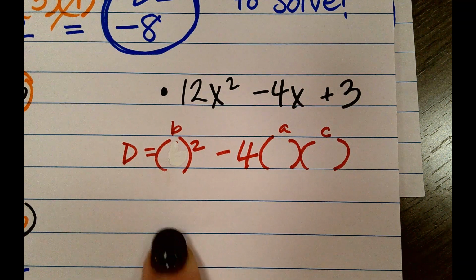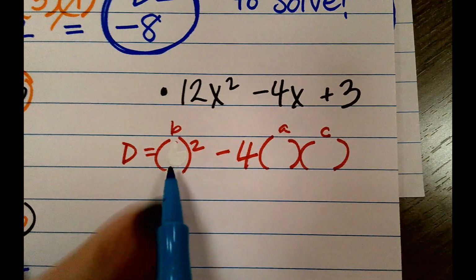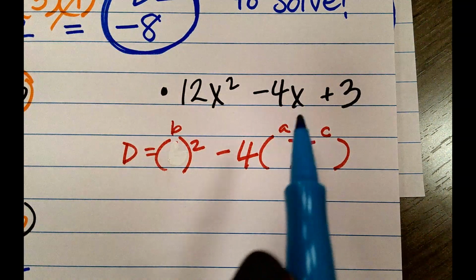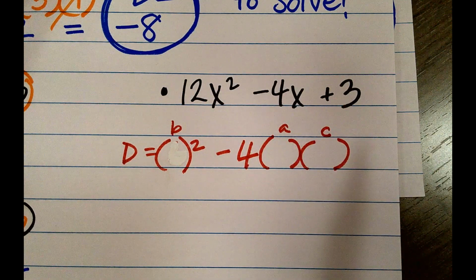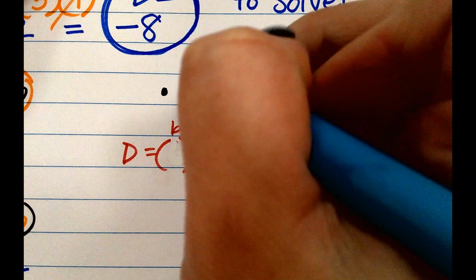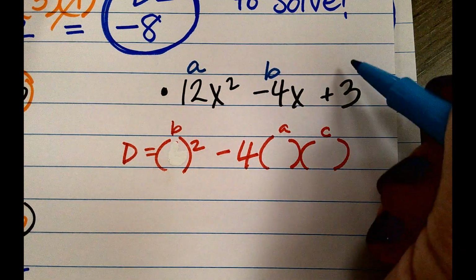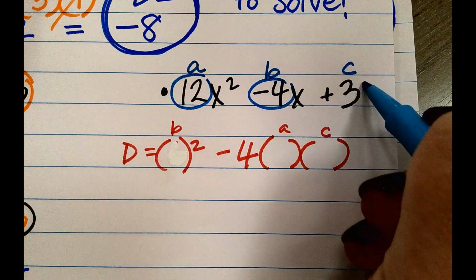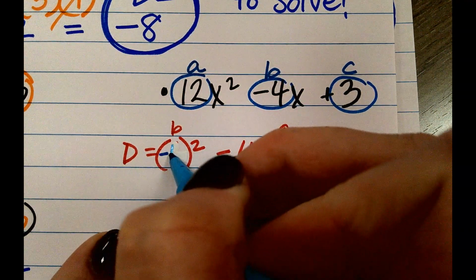You put -4 right there. So how did you know -4 would go here? Because B is on the top. Ah, okay, so we skipped over a step. What is the very first step? A, B, C. What's my A? A is 12. Good. What's my B? -4. And my C? 3. Good, good, good. Okay, so I'm going to circle those.